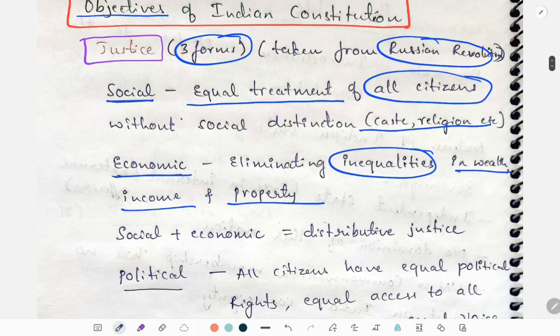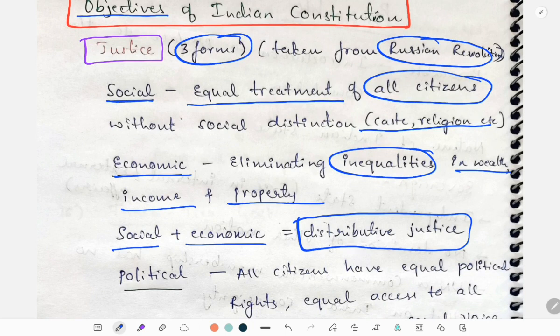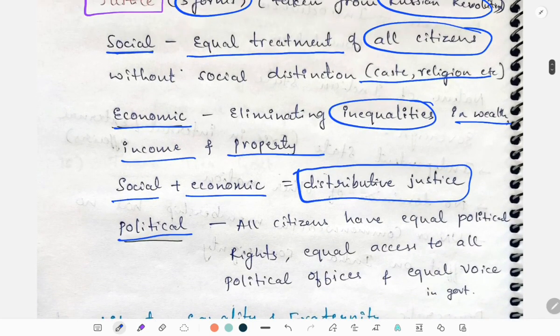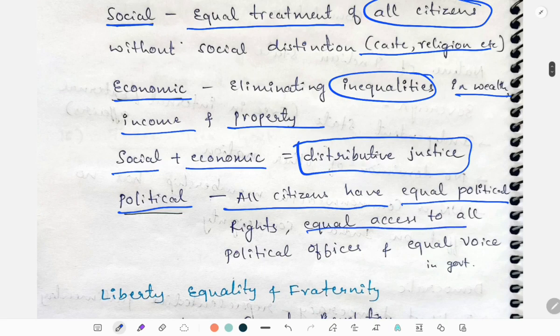The combination of social and economic is called distributive justice. Next, political: all citizens have equal political rights, equal access to all political offices and an equal voice in the government.